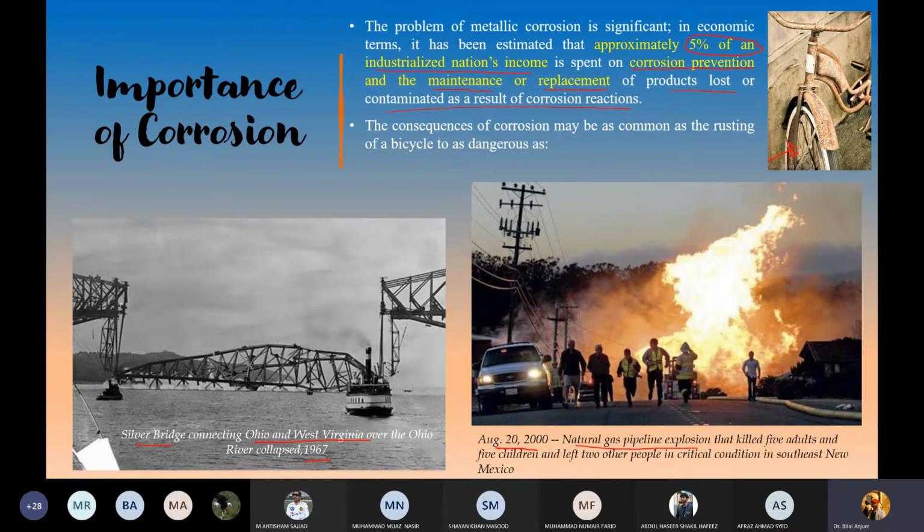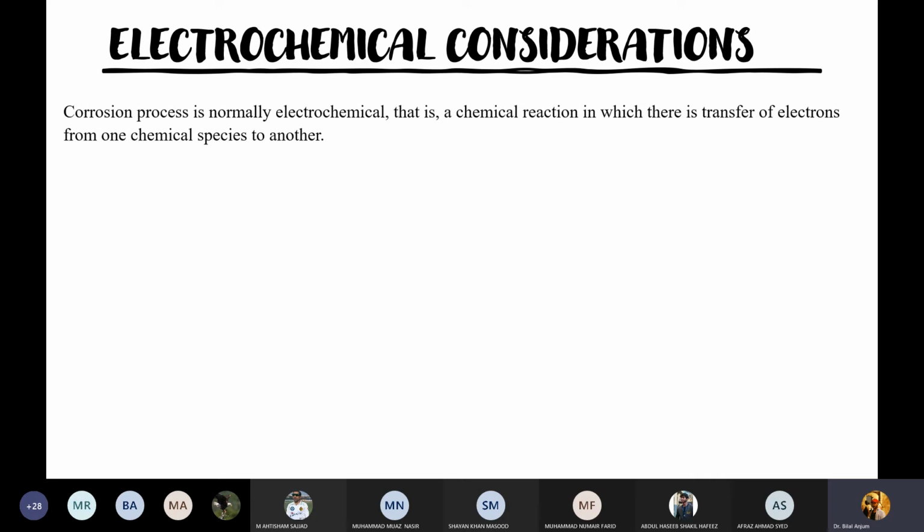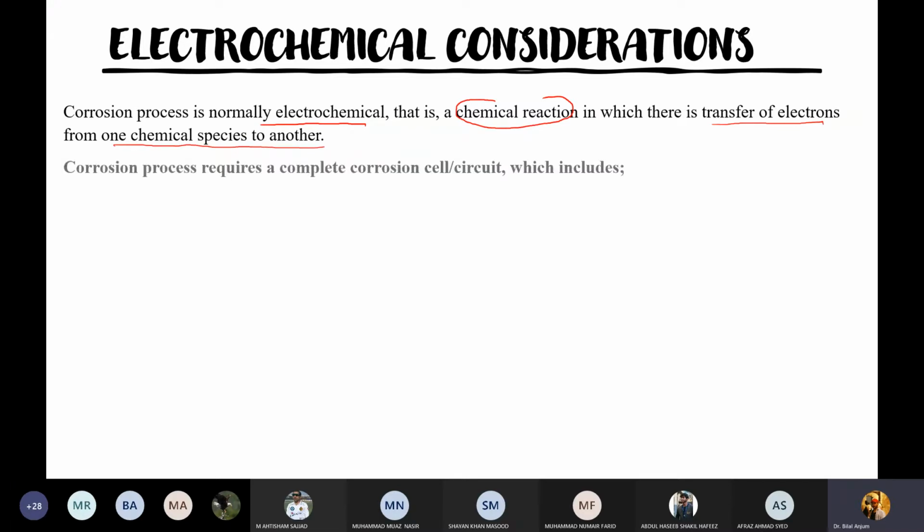But when we come to material science, we define corrosion as a process which is electrochemical in nature. That means a chemical reaction is there along with the transfer of electrons from one chemical species to another. So how do you define the corrosion process?